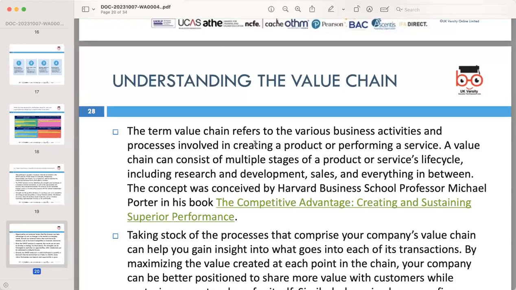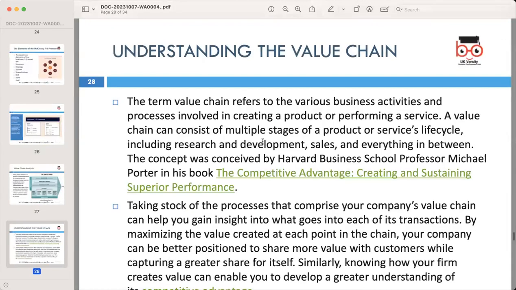A value chain can consist of multiple stages of a product or service life cycle.